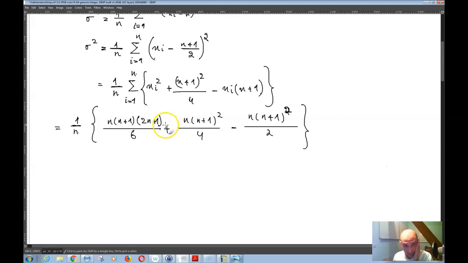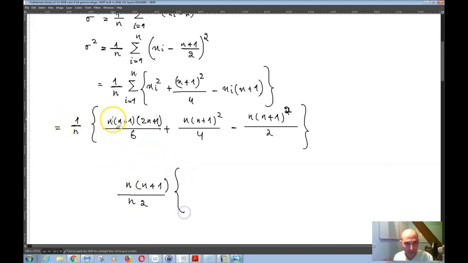And now what I can do is that you can see that n is common here, n plus 1 is common here, and I can take a 2 out of the denominator. So I can take n times n plus 1 divided by 2 out, and then I have a 1 by n over here as well, which is already out.